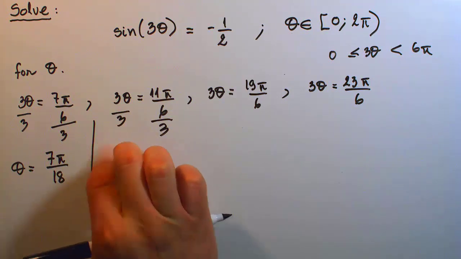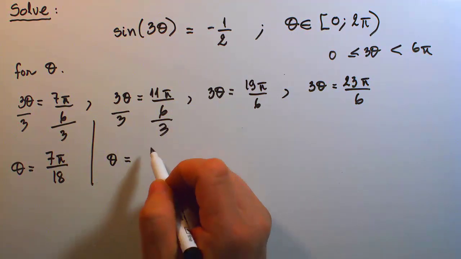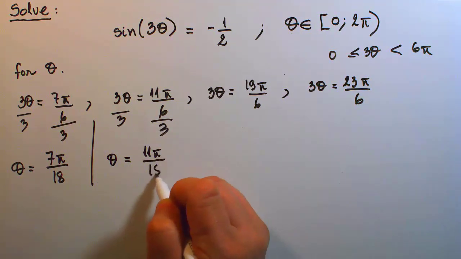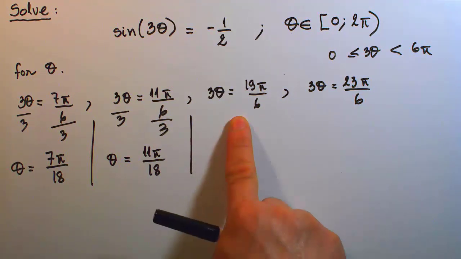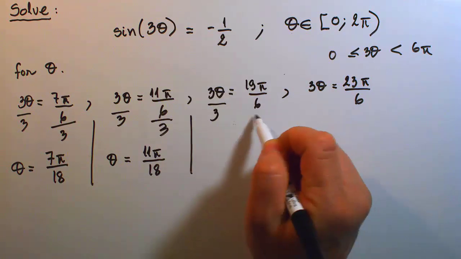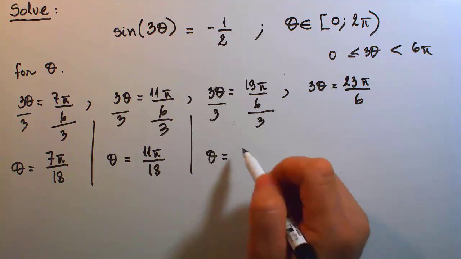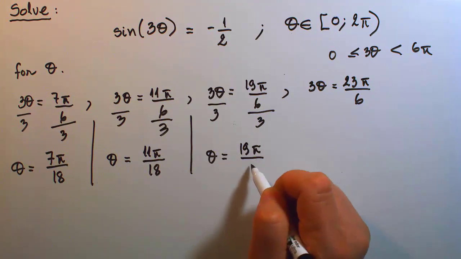And so consequently, I'm going to end up with theta equals 11 pi over 18. This third equation of ours, we can just simply divide by 3 from both sides. We're ending up with theta equals 19 pi over 18.